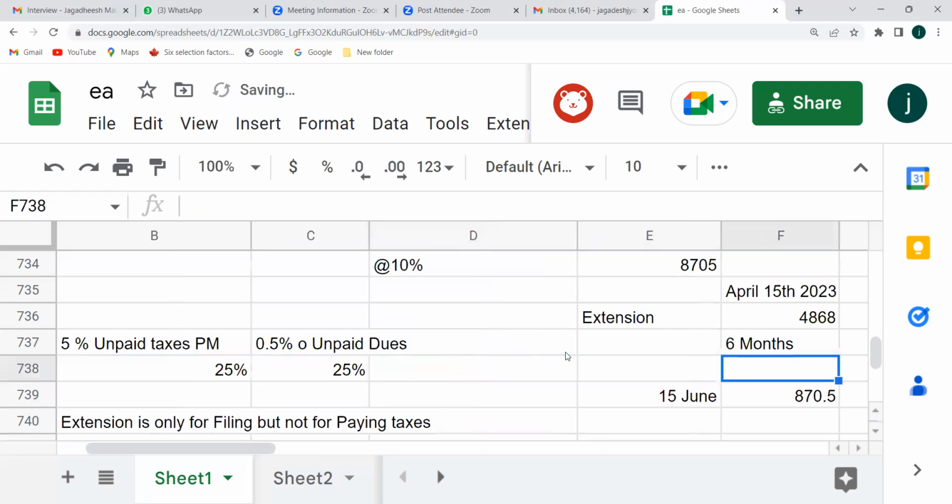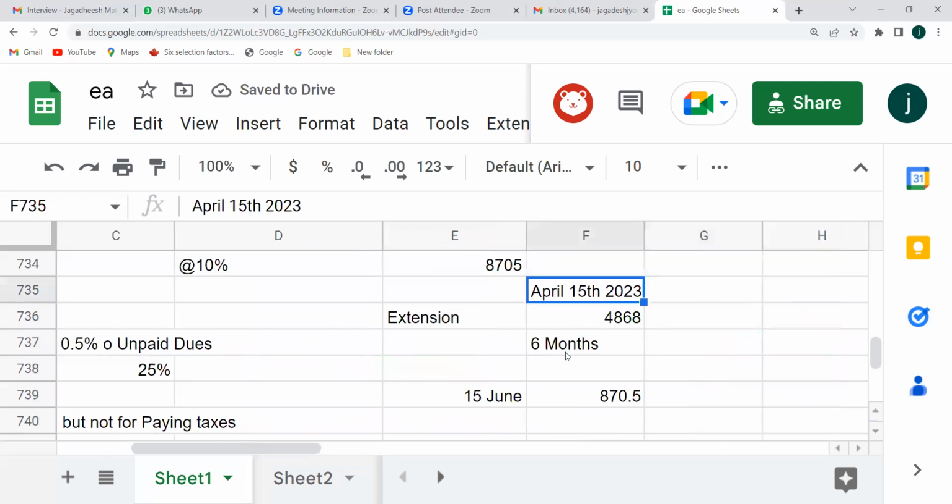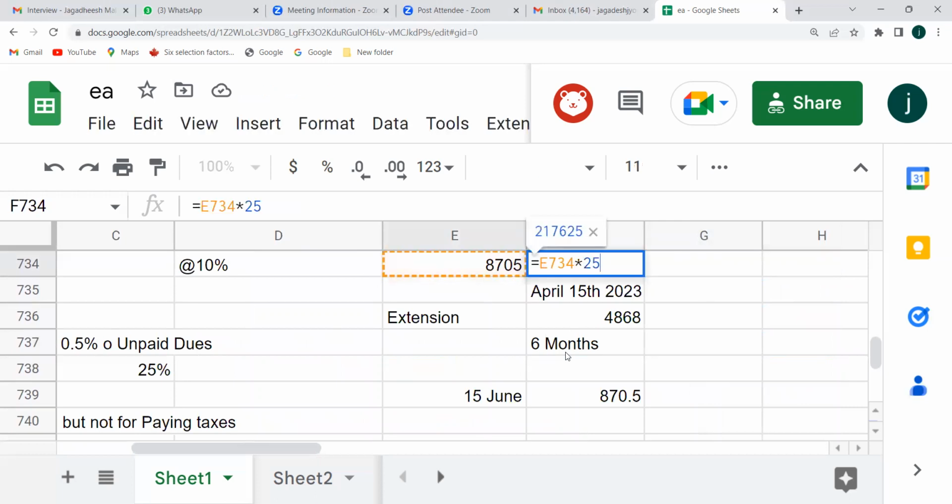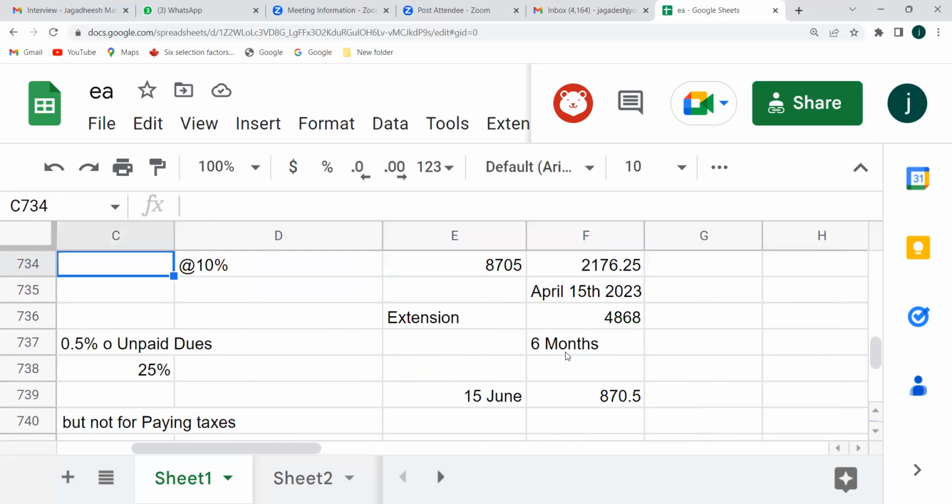So in this case, what are our unpaid dues? 8705 into 25%. So the maximum the IRS can levy is 2176 only. Even if it exceeds 2176, we need to pay only to the extent of 2176. It should not exceed 25%.